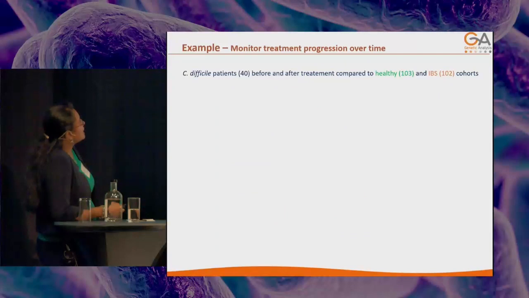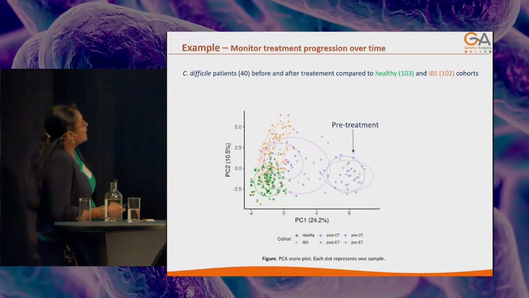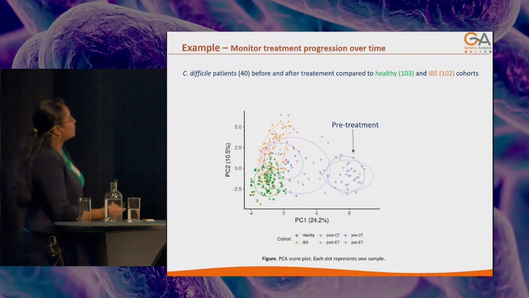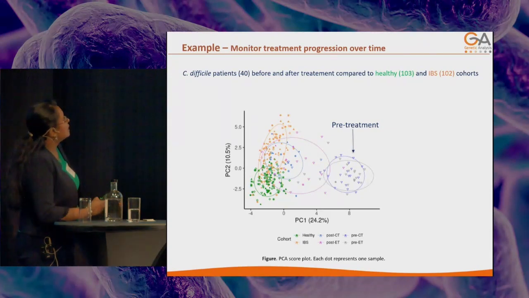So next I would just like to illustrate how we could use the signal data that comes out from our software to monitor treatment progression over time. Here we have looked at 40 C. difficile patients before and after treatment, and we compare them to a healthy cohort and an IBS cohort.